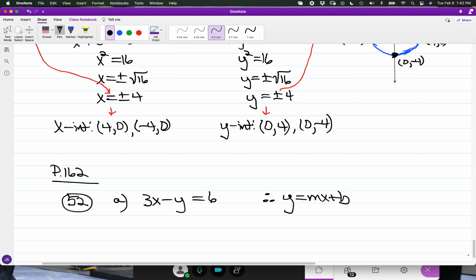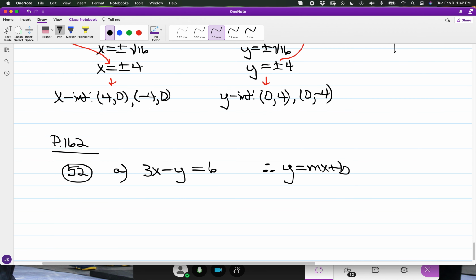I'm going to translate what I have here into y is equal to mx plus b, writing an equation in terms of a specified variable, y. First, I get the y term by itself, so I can take 3x away from both sides. So we have negative y is equal to negative 3x plus 6.